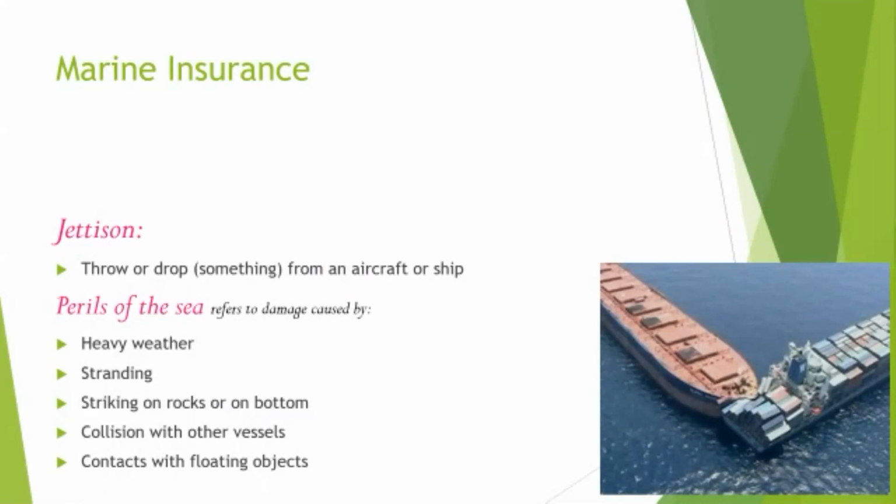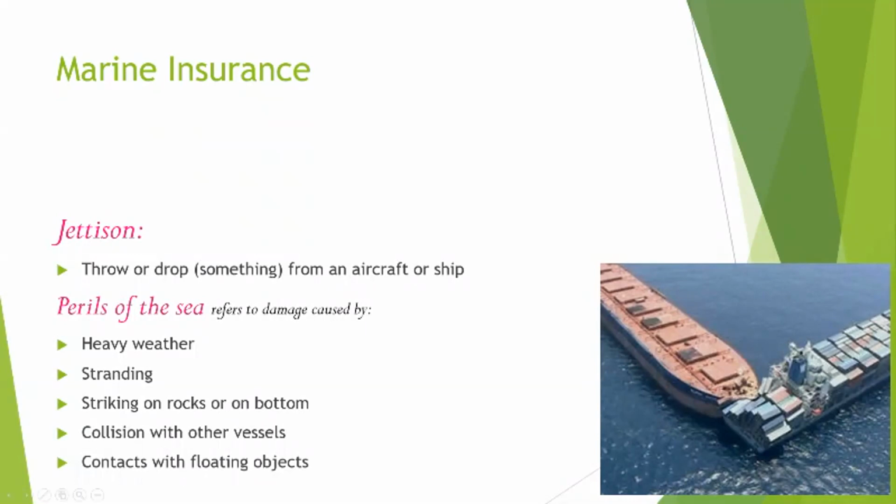So this is the jettison. Then the captain will claim for the general average. So all the people, the shippers, must contribute to cover the loss for those whose cargo was thrown out to the ocean due to the jettison.